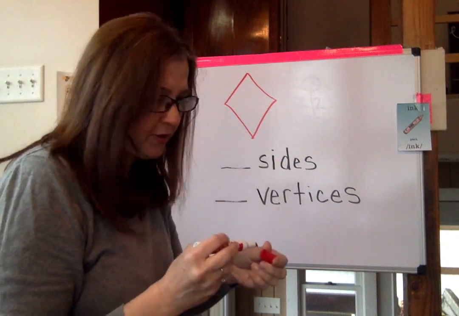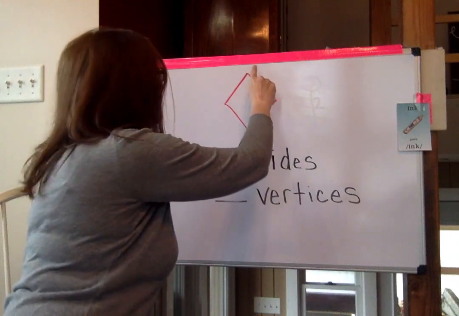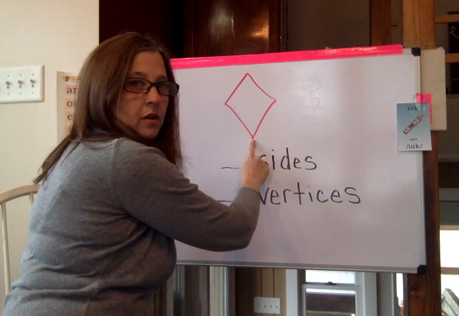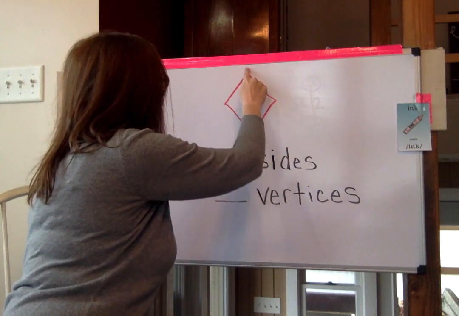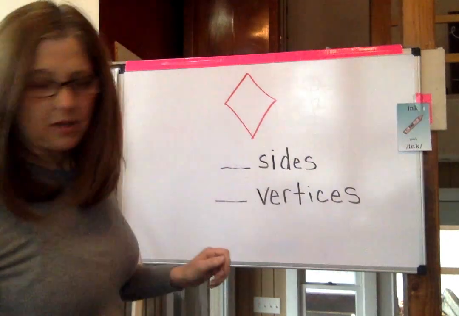Can we get our pointer finger ready first? Let's start at the top. Are we ready? Count with Mrs. Pettit. 1, 2, 3, 4. All right, so now let's label the sides, okay?